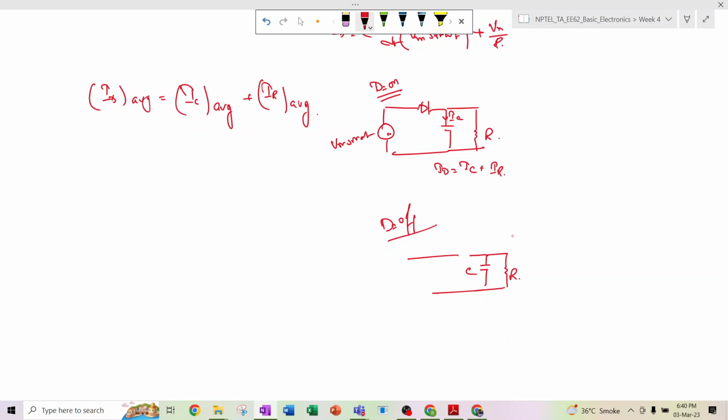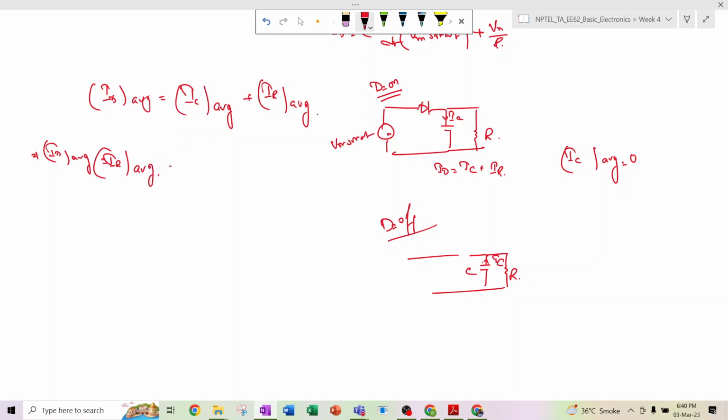So once the capacitor is charging, and a second time the capacitor is discharging, so basically this IC average value turns out to be 0, and this ID average value becomes equal to IR average value.